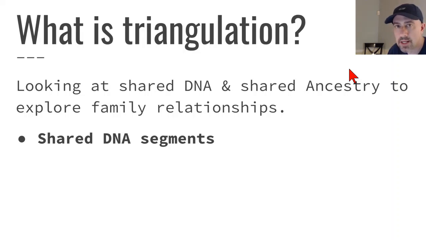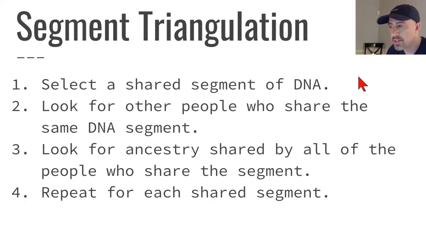This term triangulation has gotten broader over the years, but during this presentation we're going to talk about triangulation in terms of looking at shared DNA segments. There are other ways of thinking about triangulation, but with visual triangulation we're talking about looking at shared DNA segments to explore shared ancestry.